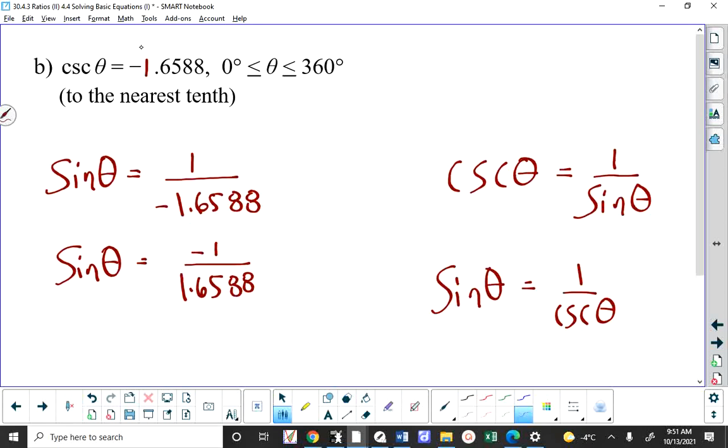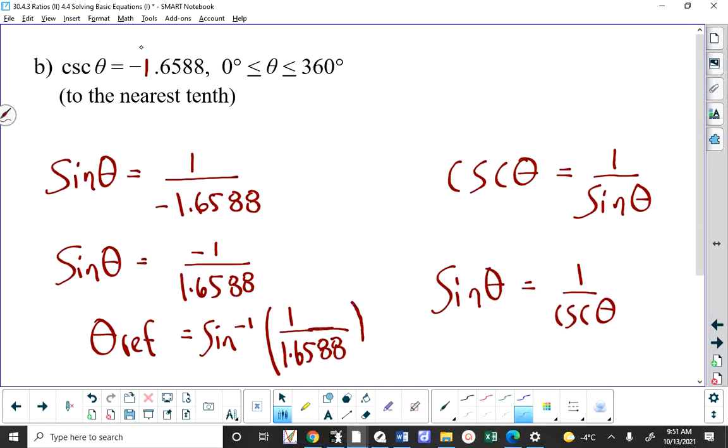This is our first step in the problem. It's an added layer because you have to change it into something that your calculator has keys for. Okay, now we can find the reference angle by taking the inverse sine of the absolute value of that number. We don't go inverse sine of a negative, ever.